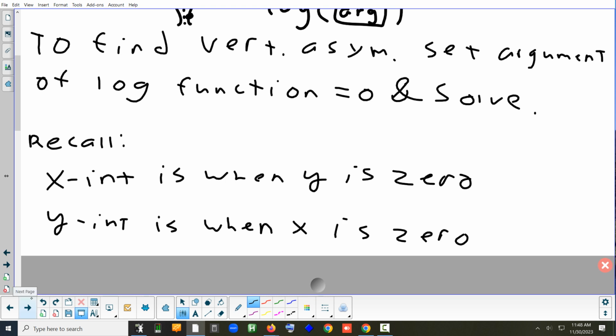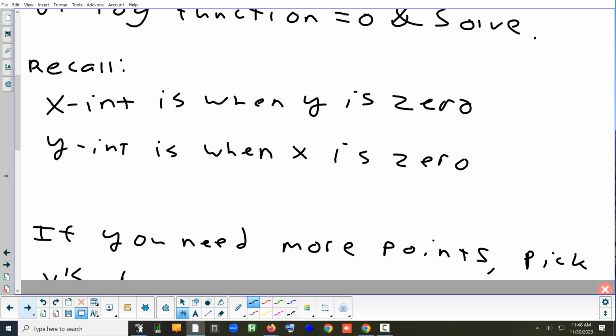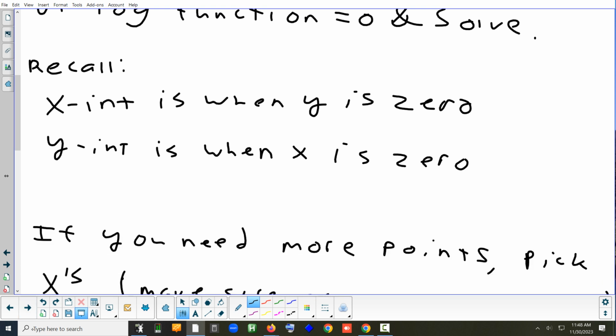So we've done that before with other kinds of graphs. And then I say, if you need more points, you will need more points. You'll need about 3. So we can just pick x's, and we can use the table on the calculator to get them.